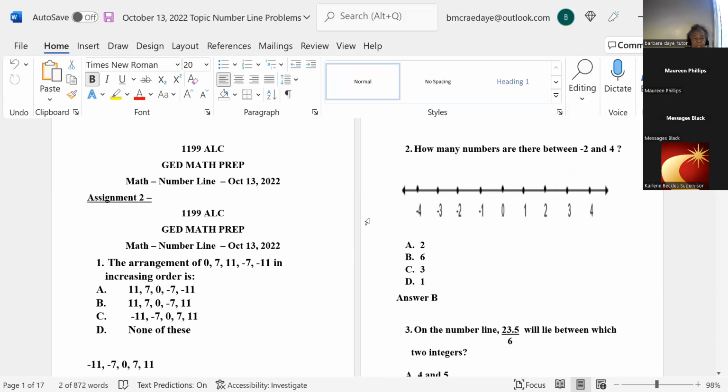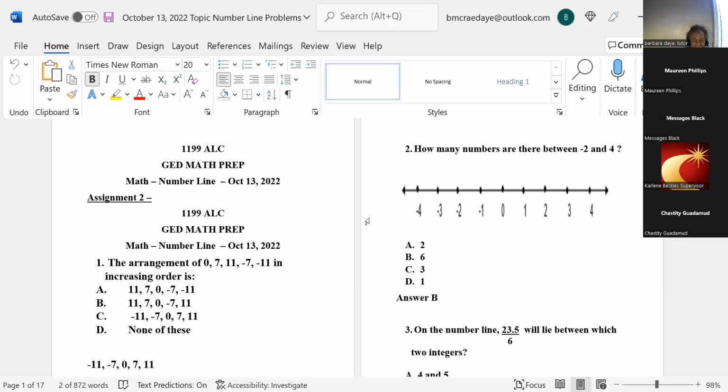So Maureen, you can explain number 2. She asked how many numbers there are between -2 and 4. You want me to tell you? One sec. 5. Hold on.